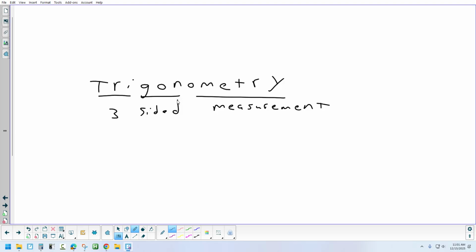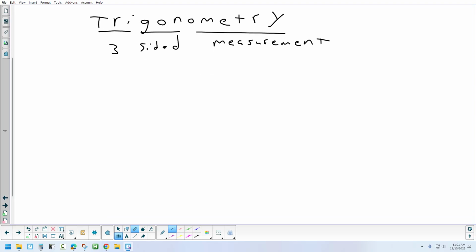Tetragon is a 4-sided shape. We normally say quadrilateral, but you can say tetragon. Most other shapes above 4, we naturally just use the name ending in gon. So 3-sided measurement. We're going to be dealing a lot with triangles and trying to measure something in them to figure out our problem.